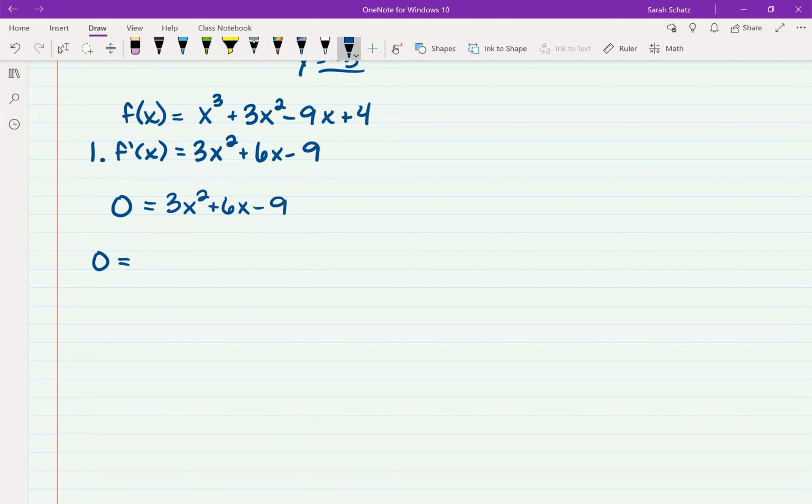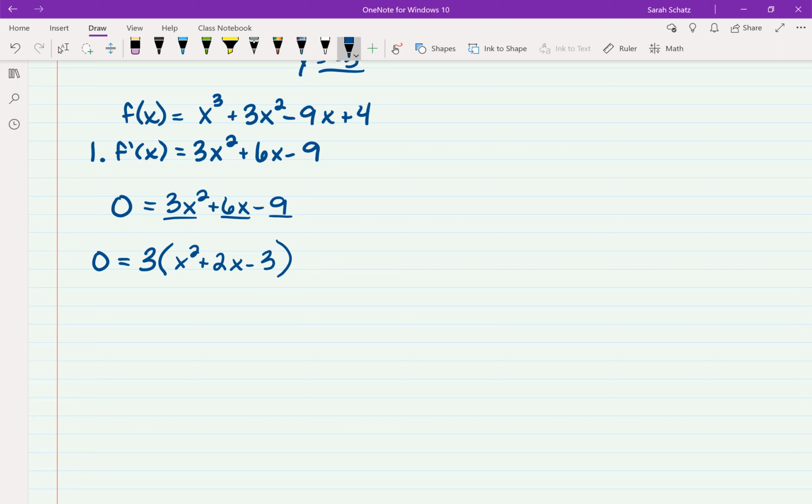Because, and again, this specific problem is going to work like this. Can I take a 3 out of each of these terms? As long as I can take it out of all of the terms, I can factor it out. That's what I'm going to do. So I'm going to put a 3 out here and call this x squared plus 2x minus 3 in here.